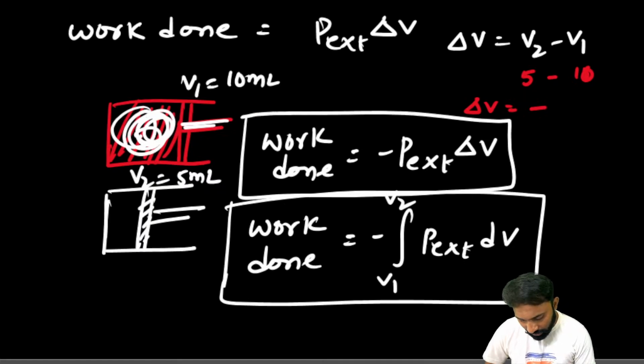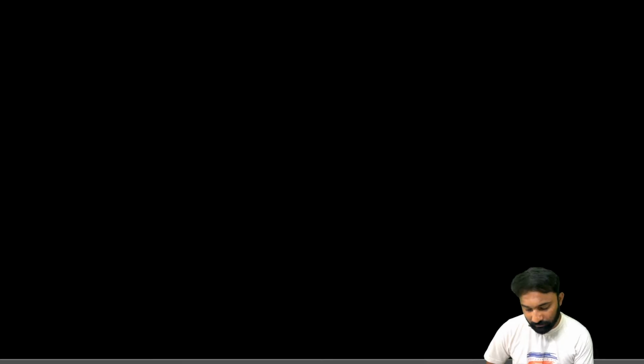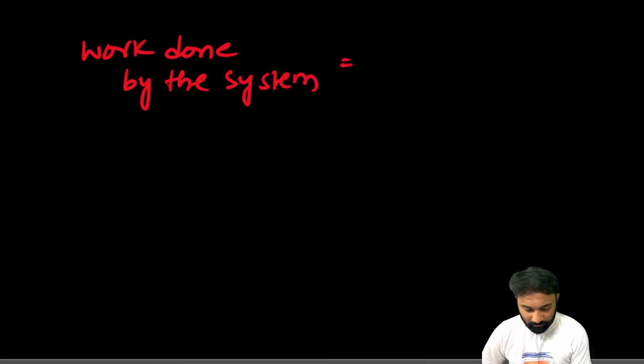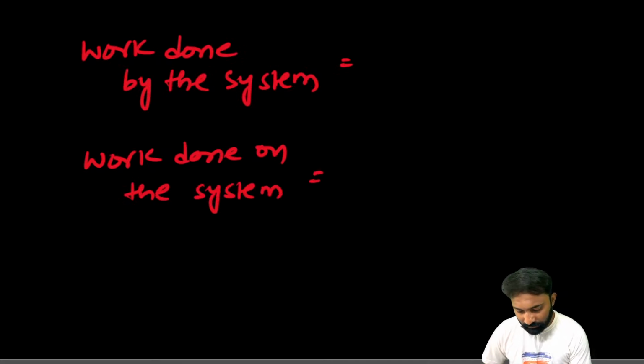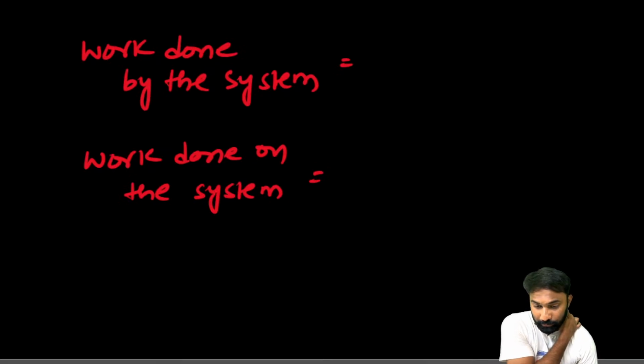Now, work done on the system and work done by the system. May I know, is work done by the system negative or positive? And work done on the system? Work done by the system is positive or negative?